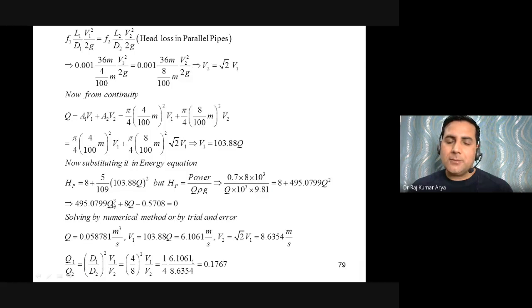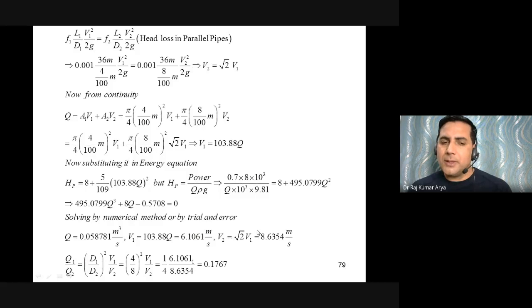Yes, sir. So this Q can be calculated. Once you got the Q, you had to calculate Q only, right? So you got the total flow rate. From here you can calculate how much is V1. You already have the expression for V1, 103.88 into Q. So you got V1. Now once you know V1, you can calculate your V2.